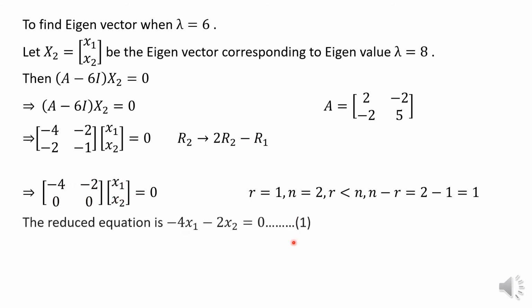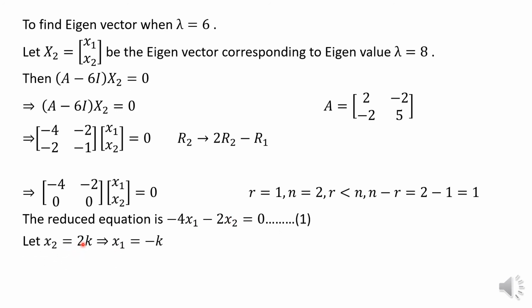So therefore reduced equation you write down: minus 4 x1 minus 2 x2 is equal to 0. So now if you take x2 is equal to k, you will get a fraction for x1, so I am taking x2 is equal to 2k in order to avoid the fraction. Here if I substitute x2 is equal to 2k, we get 4k, that comes in RHS and becomes plus, so the value of x1 becomes minus k.